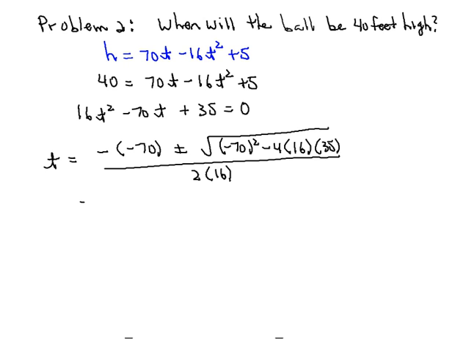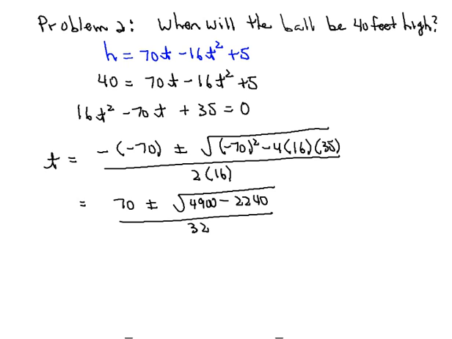So now we'll do some simplifying. The opposite of negative 70 is 70, plus or minus, and negative 70 squared would be 4,900. If we multiply 4 times 16 times 35, that'll be 2,240, and the denominator simplifies to 32.